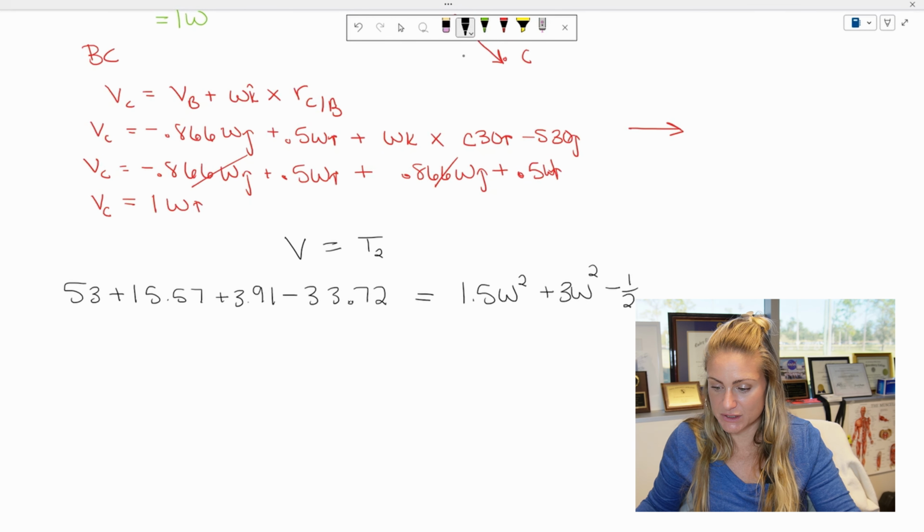And then I reduced that a little bit more. And I'm getting that omega is equal to 2.95 radians per second.